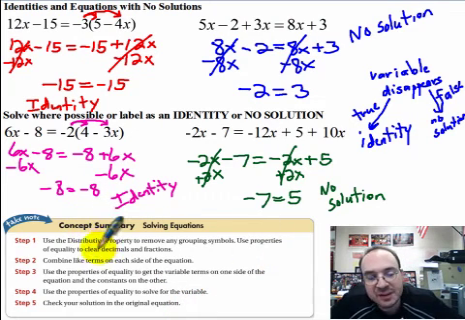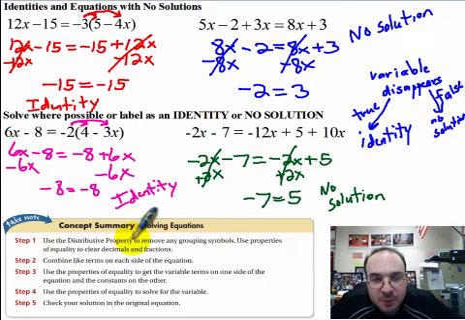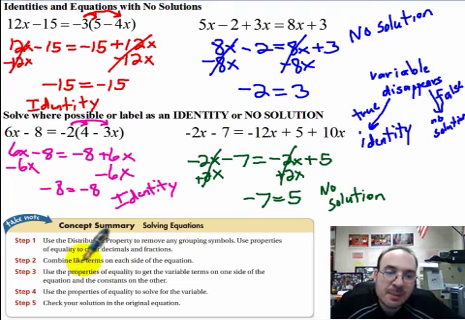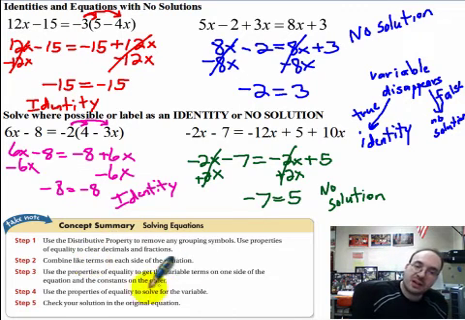So here's a summary of everything we've done. First of all, we use the distributive property to get rid of grouping symbols. Then we want to combine like terms on each side of the equation. Then we want to add or subtract to move all the variables to one side of the equation.